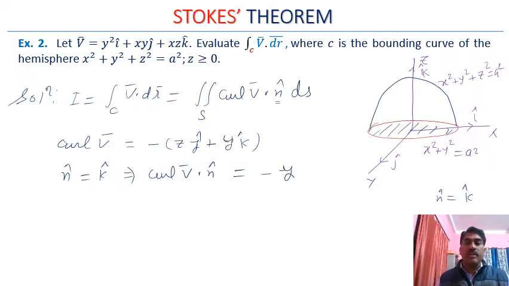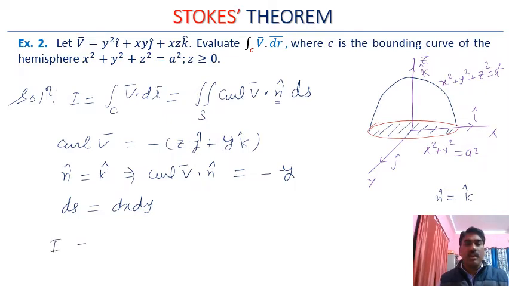So curl v dot n cap is just minus y. Now ds is dx dy, so dS is just dx dy, and now we can perform the integration.